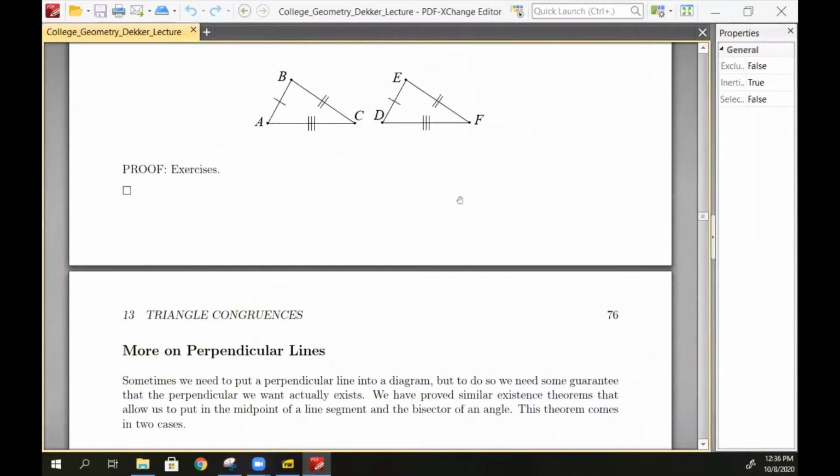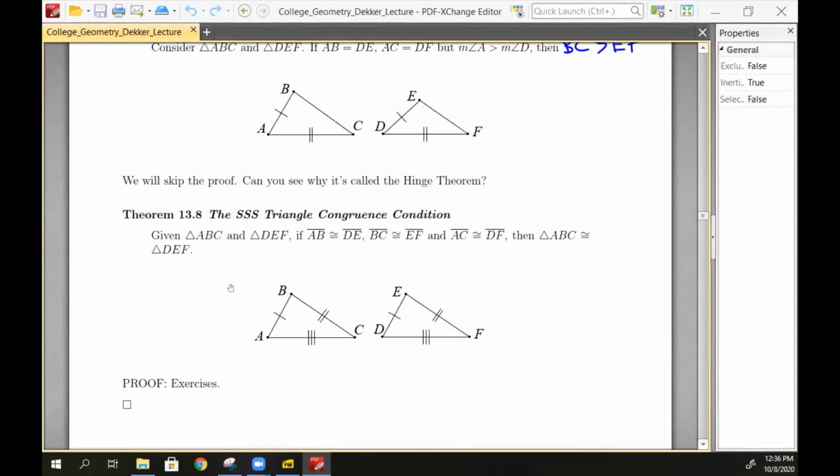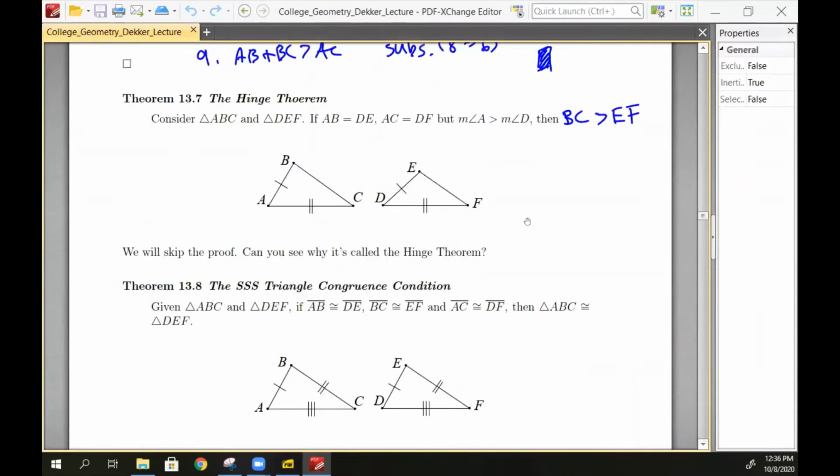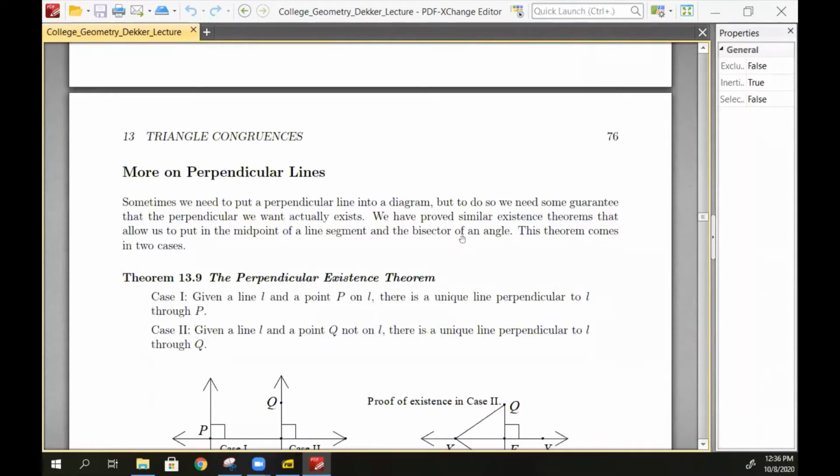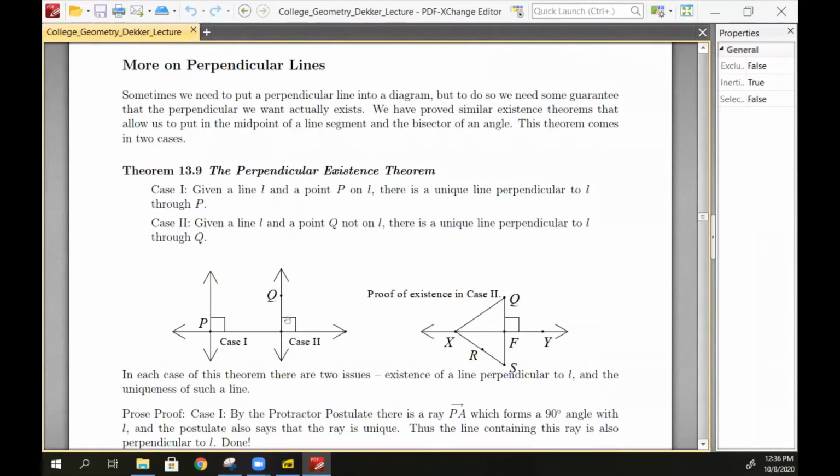So we finished up with this portion the last time that we got together. We want to take a look at some perpendicular lines here in section 13. The reason that these fit within the conversation on triangles is because the proofs for them rely on triangles.